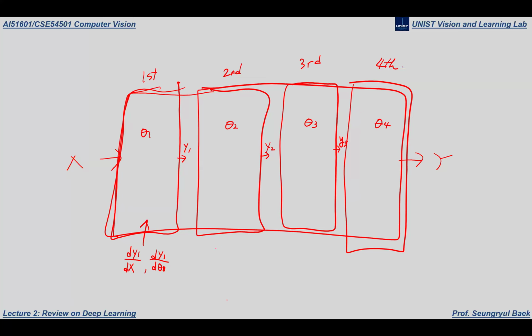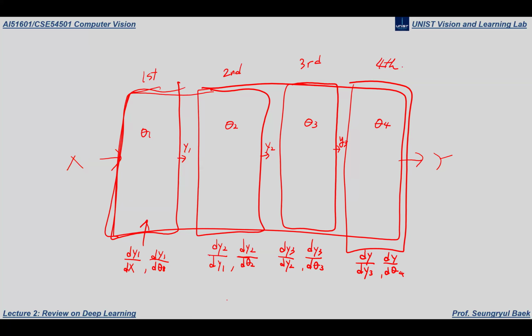And also for here, we need these two: the differentiation of their output Y2 with respect to their input Y1, and also the parameter theta 2. And for here, we need this. Do you agree with this? We need these 8 gradients for training the network. That's what I was saying previously.